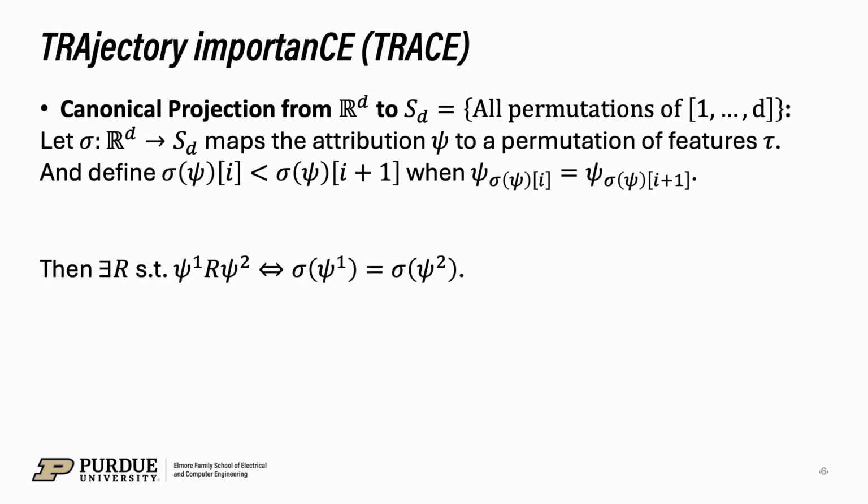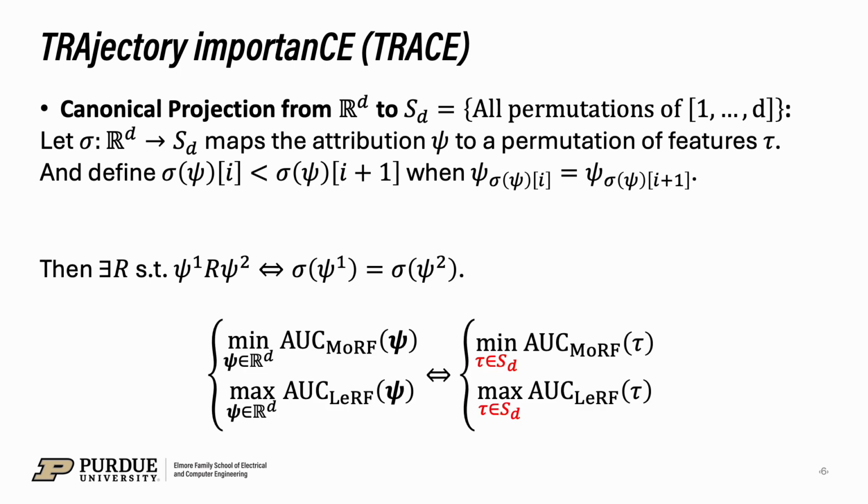Two attribution maps are said to be equivalent if they are mapped to the same permutation, that is, the same deletion trajectory of features. Therefore, we can then quotient out the specific attribution values and rewrite the optimization problem regarding the permutation tau over the symmetric group.